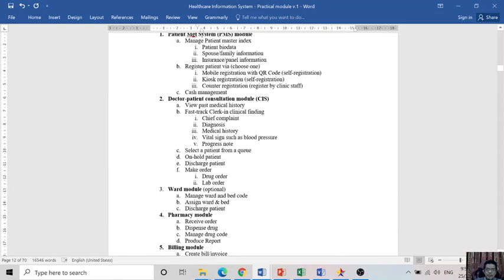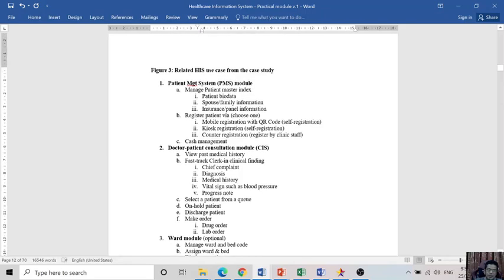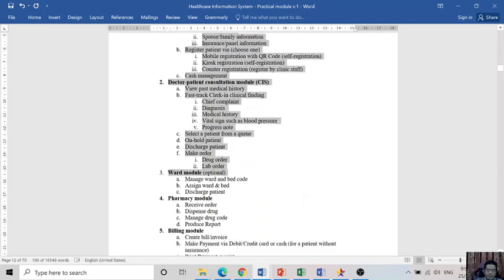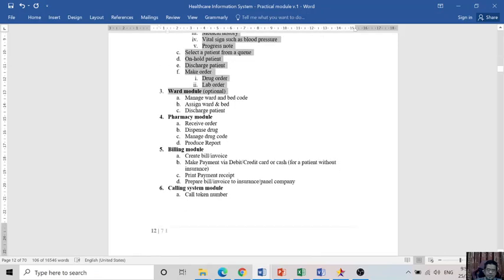This is what I said to all of you regarding the MVP, minimum viable product. Without these modules, there are some discrepancies of process in the clinic or hospital. So these modules are fundamental for computerizing the process in the clinic or hospital.